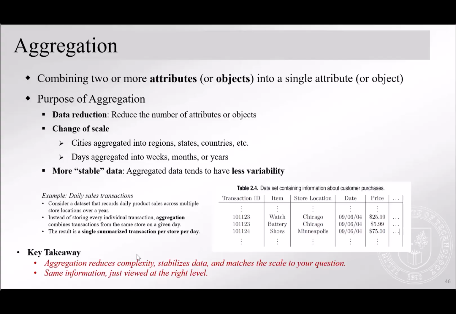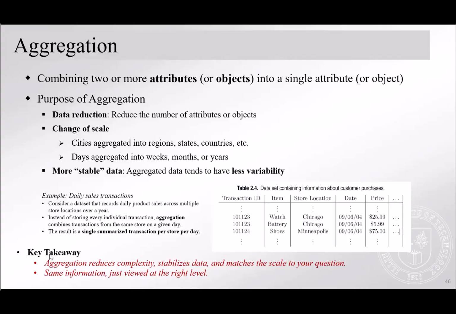More generally, imagine tracking sales across many store locations over an entire year. Instead of storing every individual transaction, we group transactions by store and by day and summarize them. This means that instead of thousands of detailed records, we end up with one record per store per day.